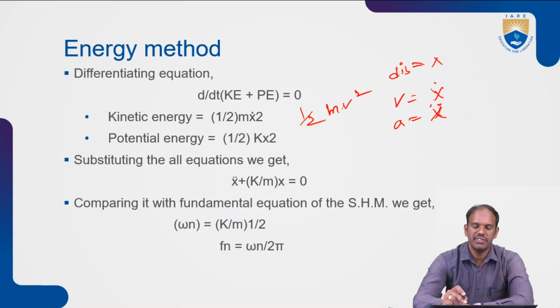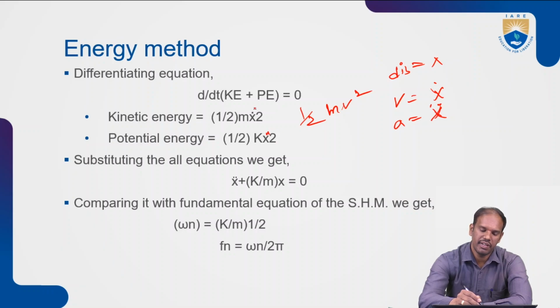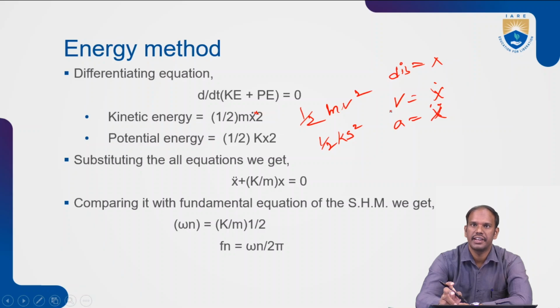And potential energy we can write as half k x square. We have already seen in some physics equations that distance is taken as s.